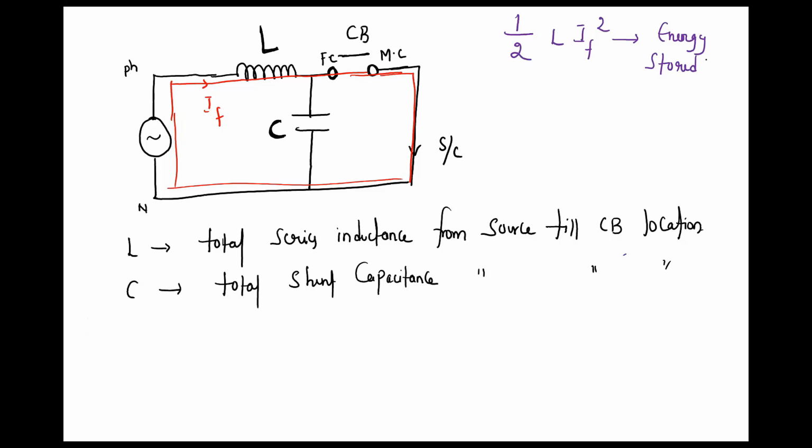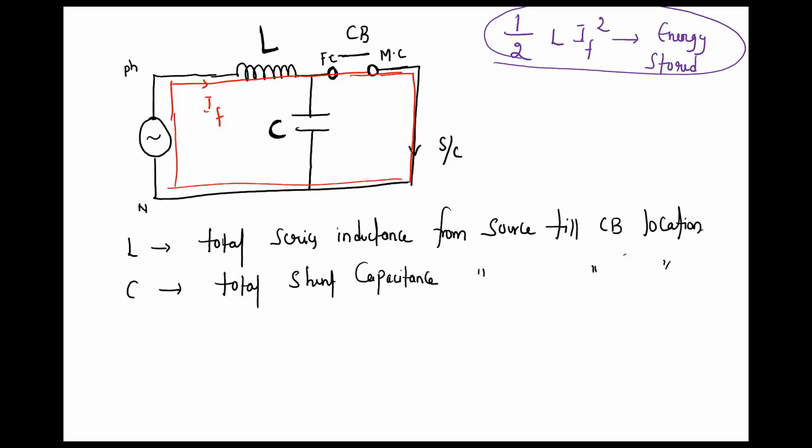But suddenly during natural current zero, the current through the circuit breaker is becoming what? Zero. So what happens to this entire energy? The energy stored in the inductor depends upon the instantaneous current flowing through the inductor. So the instantaneous current through the circuit breaker at a natural current zero is becoming zero. So this entire huge amount of inductive energy is converted into capacitive energy.